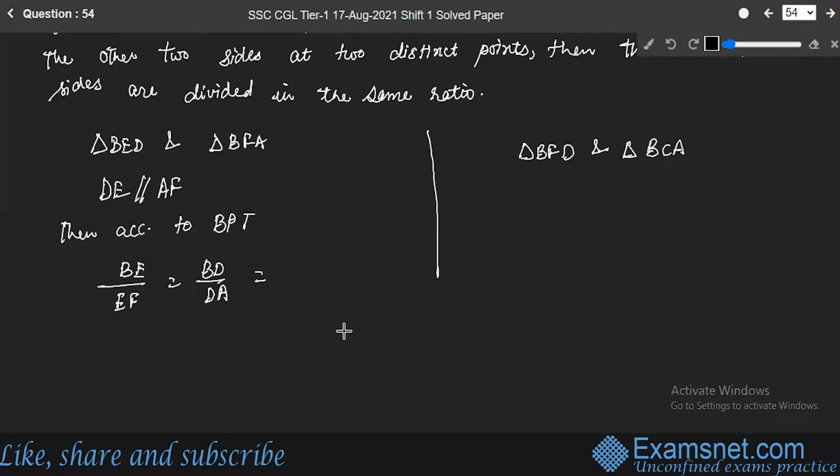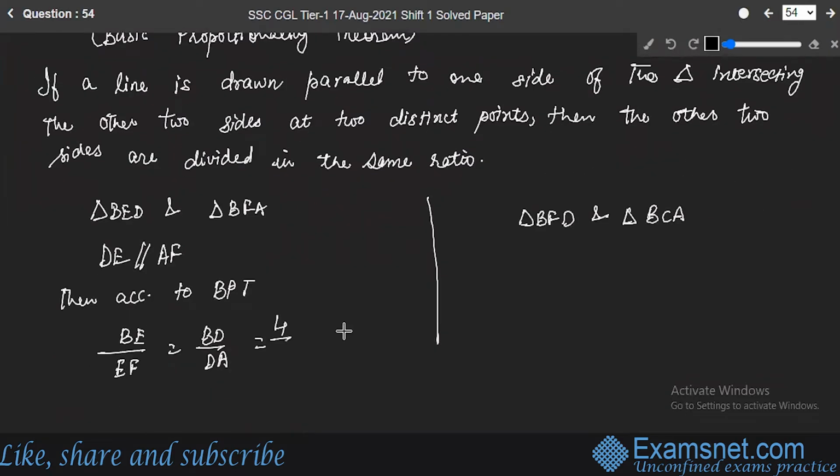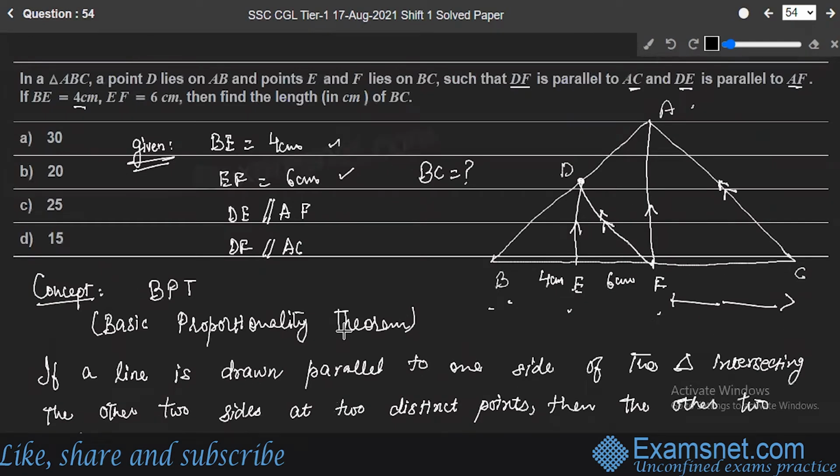This is equal to 4 upon 6. See, we are given 4 upon 6, that means 2 upon 3.